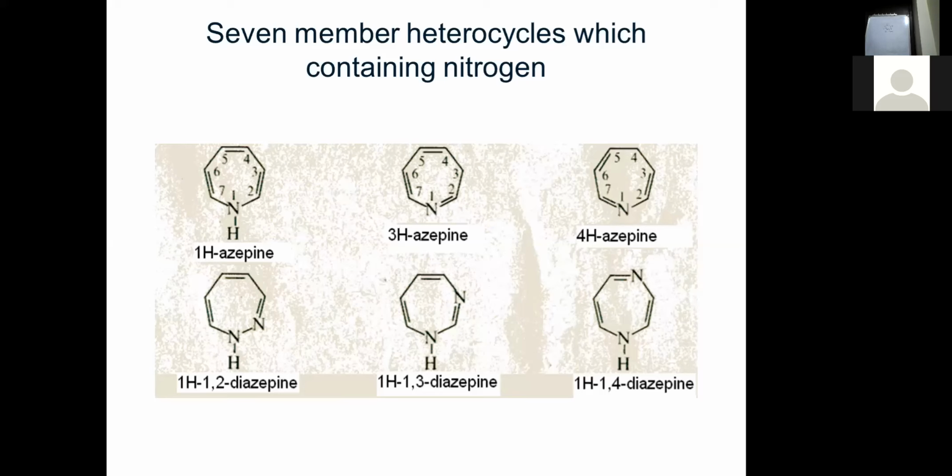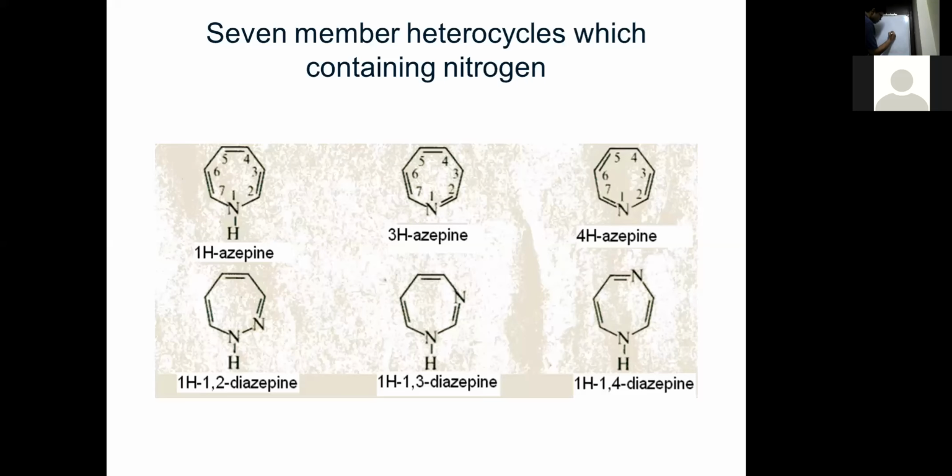Now let's go for the 2 nitrogen containing 7-membered heterocyclic compound. So let's see the first example.